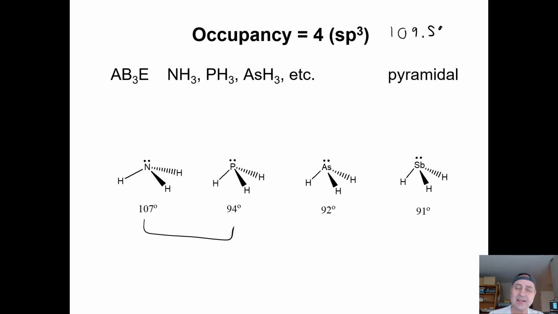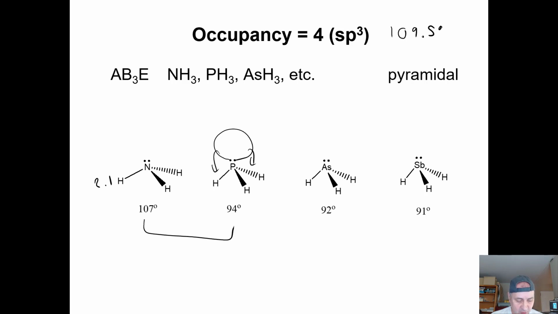So what that means is this lone pair here is able to push down more than the one from nitrogen. And that is not due to size, that is due to polarization, right? So we are looking at electronegativity. So the electronegativity of hydrogen, of course, is 2.1.